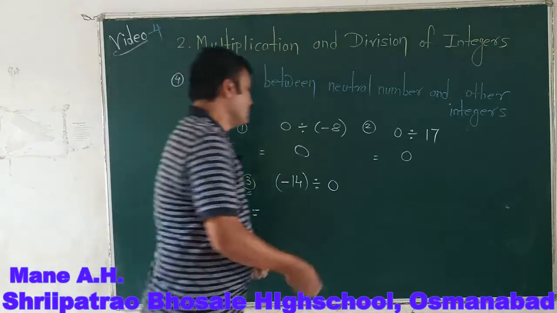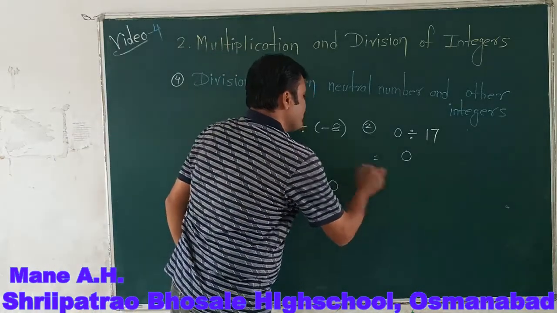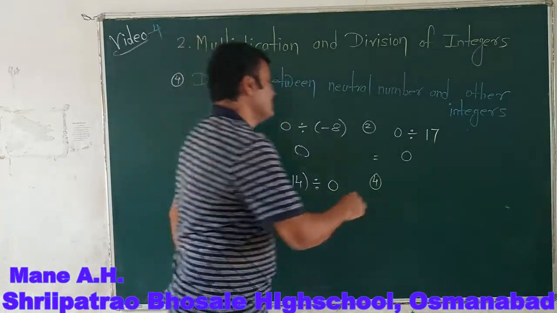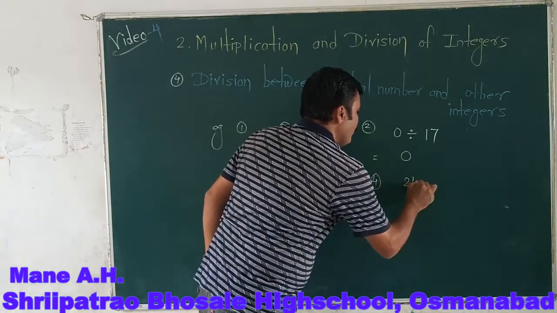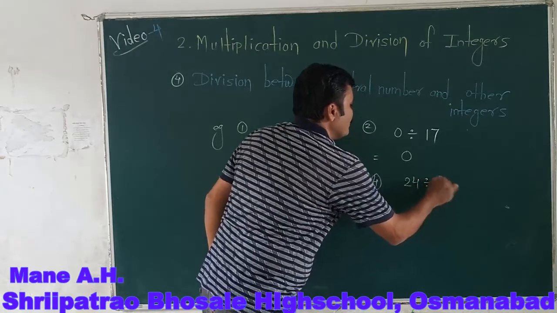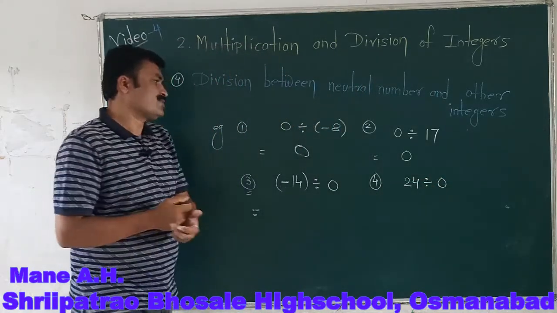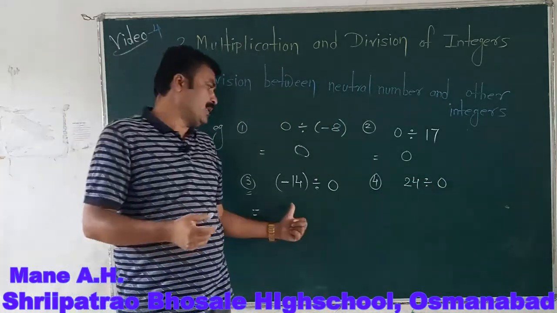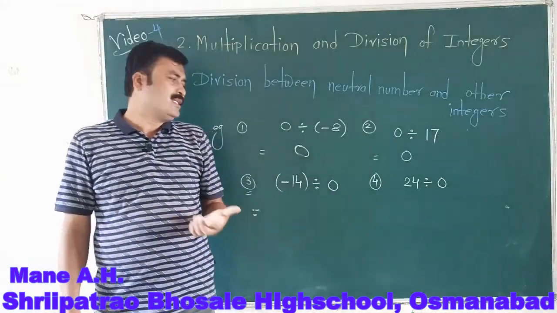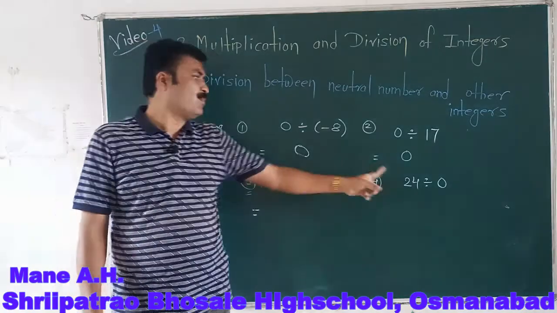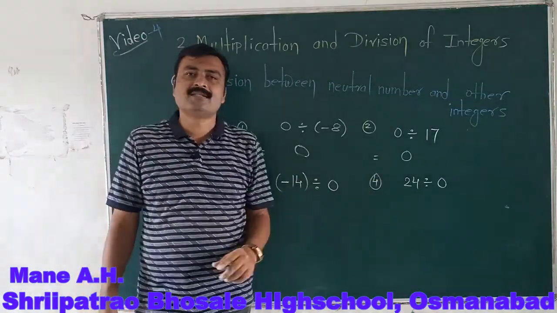The fourth example that I am also taking in front of you is 24 divided by 0. Now, the last two examples, example number 3 and example number 4: in these two examples we divide a negative and a positive integer by 0 respectively.